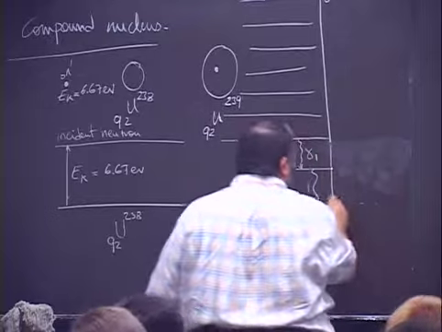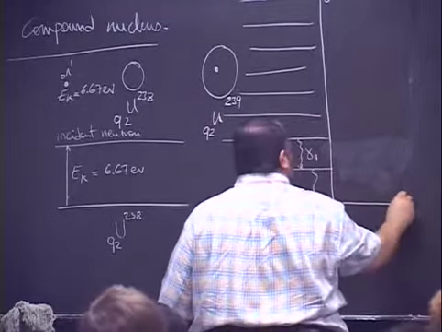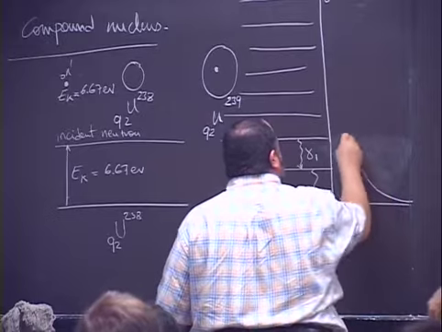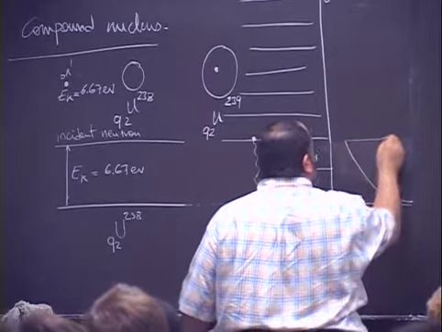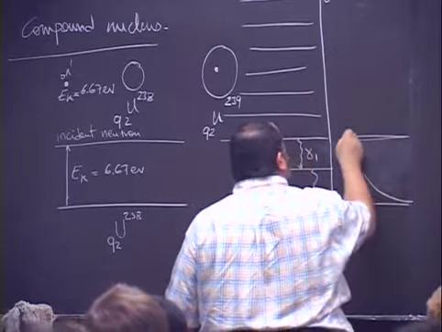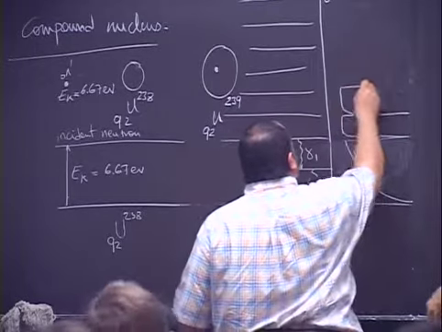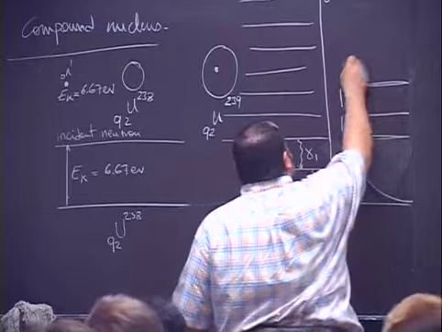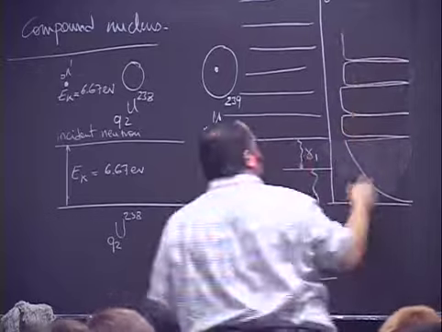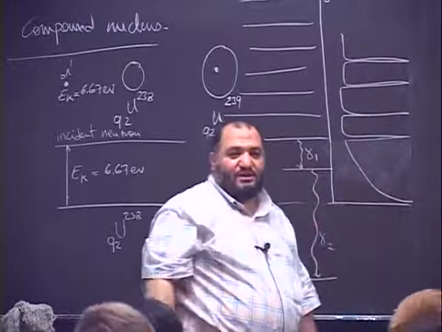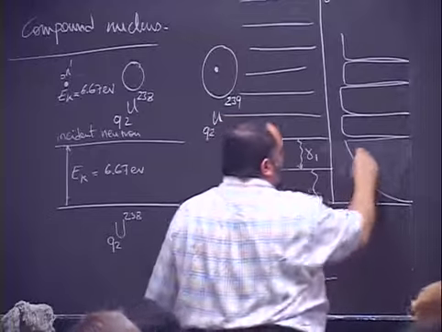So if you have it something like this, then at this level the cross section goes up to a very high value, then drops in between, and high value and drop, and so on. This type of behavior is what we call a resonance.